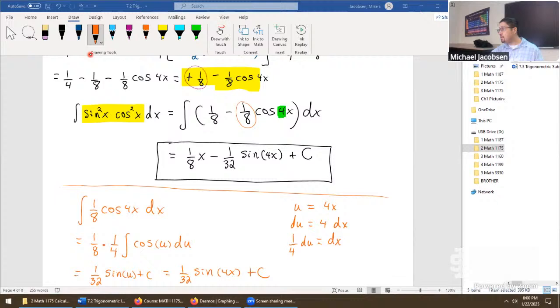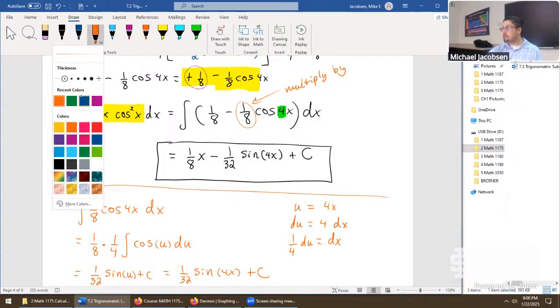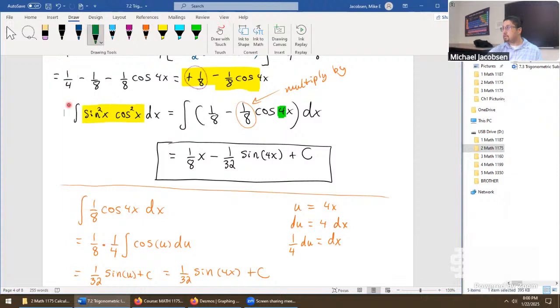So we multiply by, almost got it, 1/4, whatever the coefficient should have been right here. And if that was a 1/4 instead of a 4, we would multiply it by 4. So these are always related by the reciprocal. So that's a really slick way to deal with the u substitution.